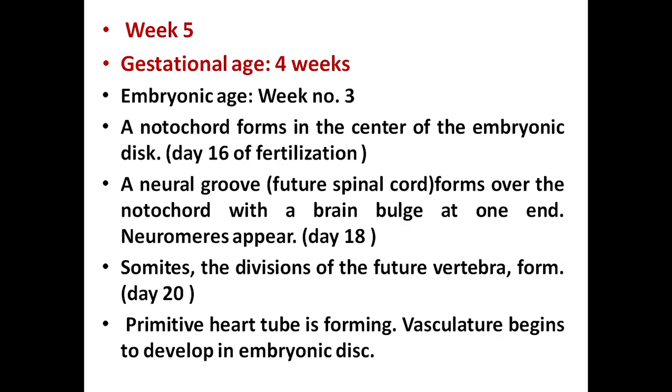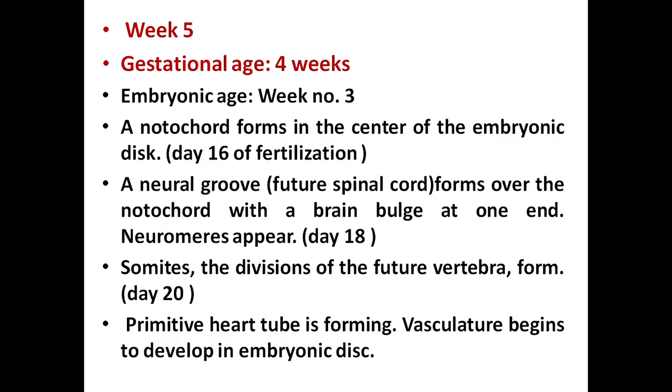So next, week 5, the gestational age is 4 weeks. Now the embryonic age is week number 3. A notochord forms in the center of the embryonic disc on the 16th day of fertilization. A neural groove, the future spinal cord, forms over the notochord with a brain bulge at one end.